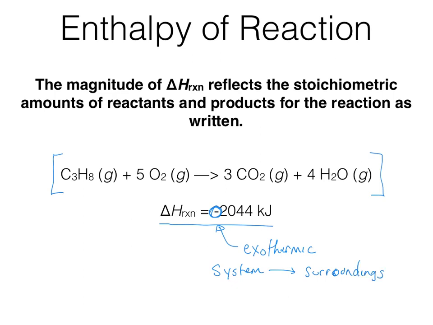So this is exothermic, it's giving off heat, and it's giving off 2,044 kilojoules of energy. But that energy is for 1 mole of propane reacting with 5 moles of oxygen. And so this energy is for the exact amounts of chemicals that are indicated in this reaction.